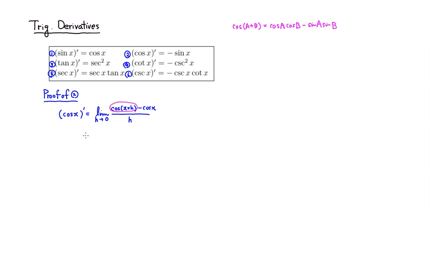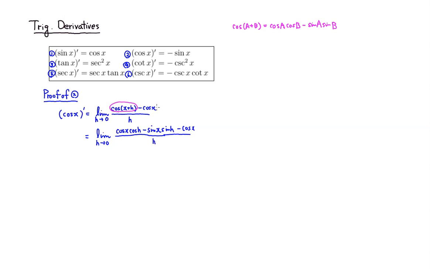So this is going to be equal to the limit as h approaches 0 of cosine of x times cosine of h, minus sine of x times sine of h, and then minus cosine of x, all over h.